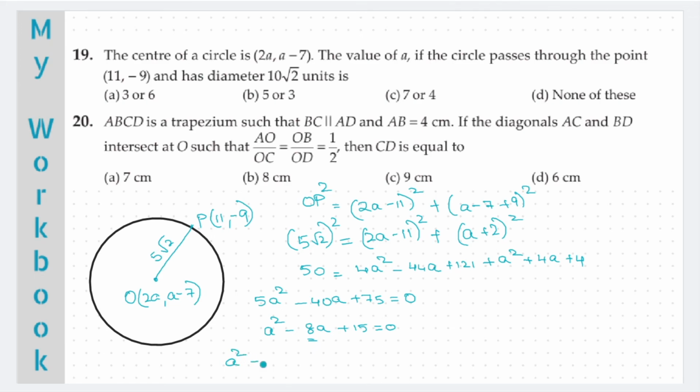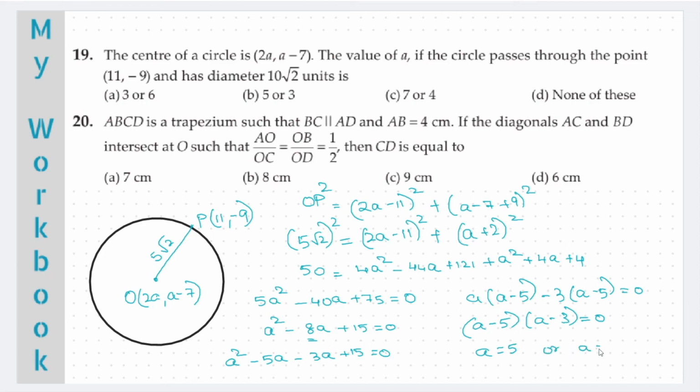Minus 8a can be written as minus 5a minus 3a, plus 15. a into a minus 5 minus 3 into a minus 5 will be 0. So a can be 5 or a can be 3. Hence the correct answer is option B, 5 or 3.